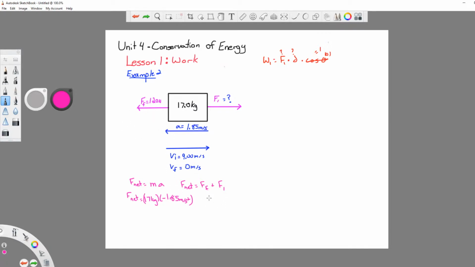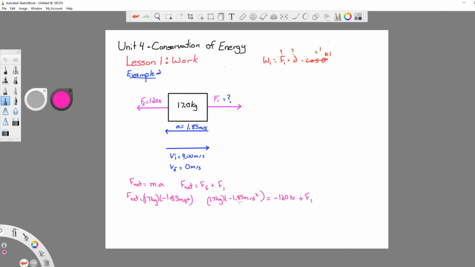So for this formula here, let's put 17 kilos times negative 1.85 meters per second squared is equal to force of friction, so negative 120 newtons, plus force 1.